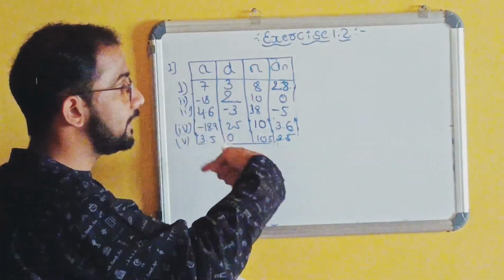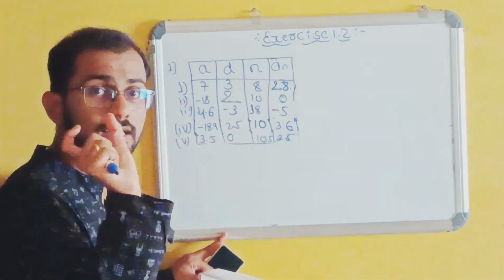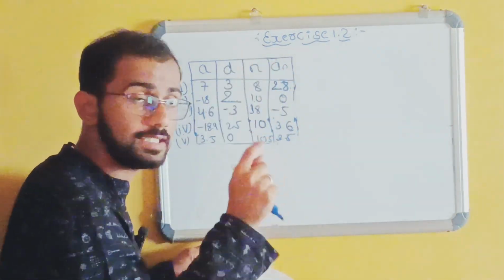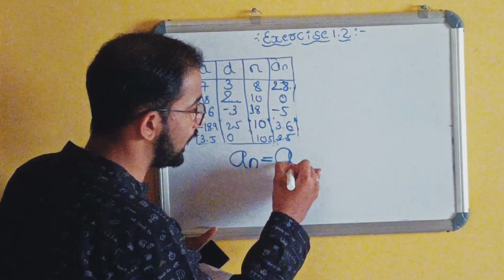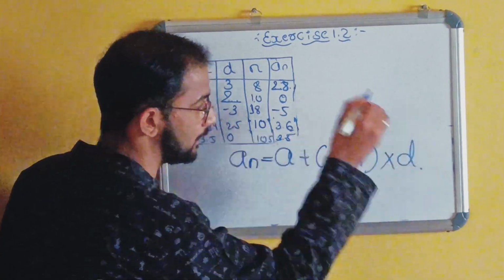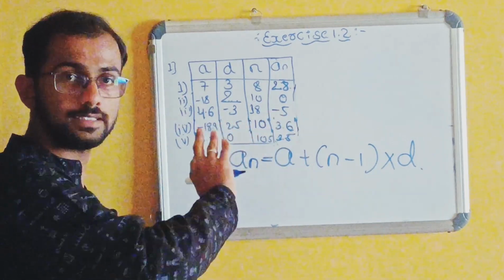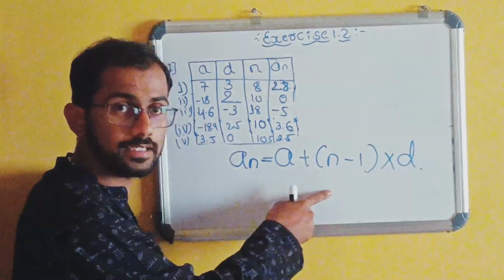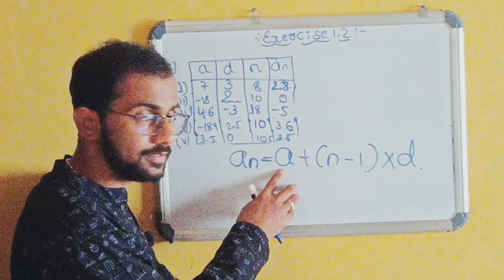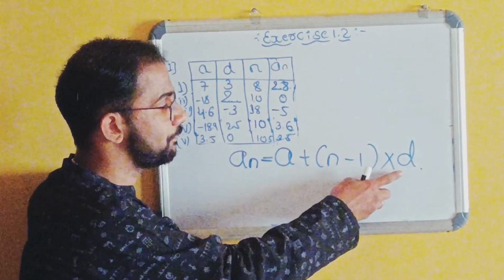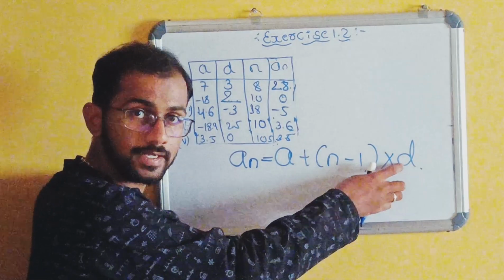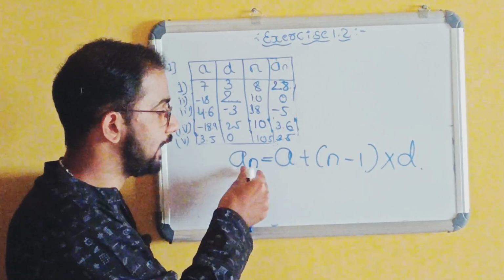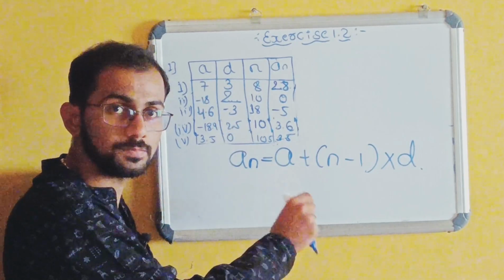We need to calculate using the given data. Using the given data, we need to calculate the particular term like A or D or N or AN using the formula, that is AN equal to A plus N minus 1 into D. If AN is given, N is given, D is given, using that data we need to calculate A, and also we have to calculate N by using AN, A, D. Like this, we need to calculate the terms using this formula.